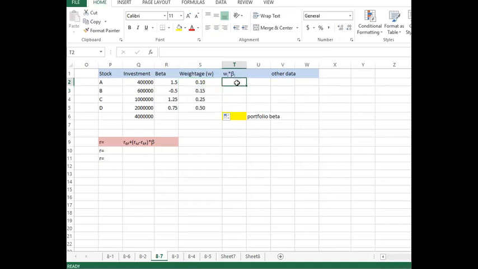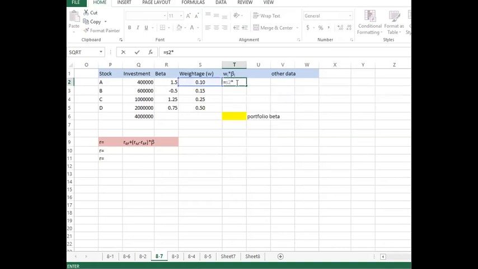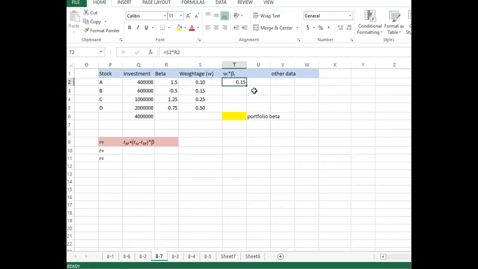In the next step, multiply weightage by betas. So beta multiplied by weightage. Then we add all 4, and we get the portfolio beta. 0.7625 is the portfolio beta.